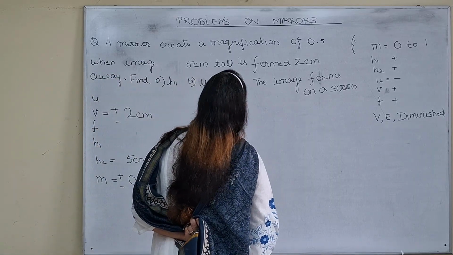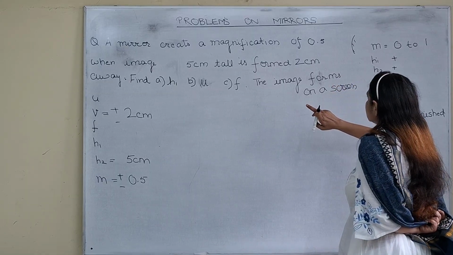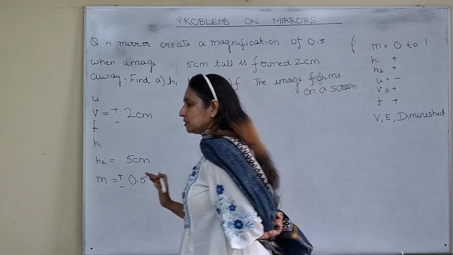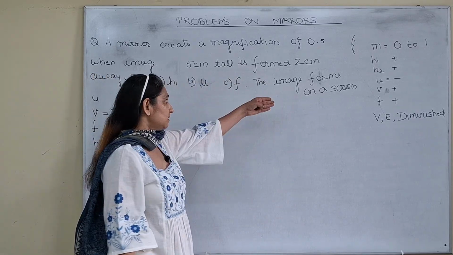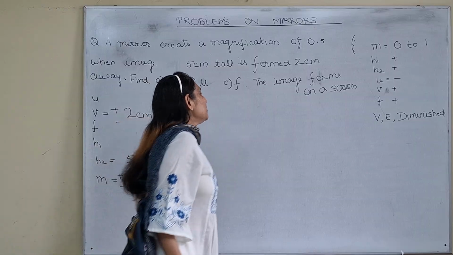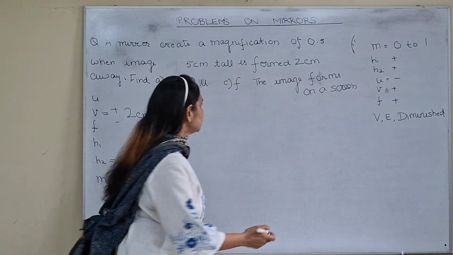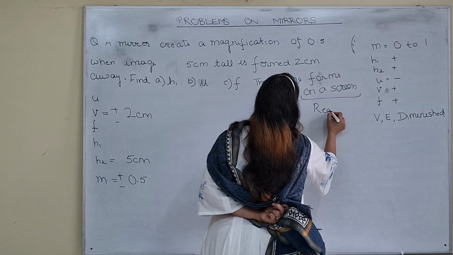That's it. The image forms on a screen. Now this is very crucial information और आपको पता चल रहा होगा, ये मैंने बाद में add किया. So on the screen means this tells us that it is a real image. Correct?